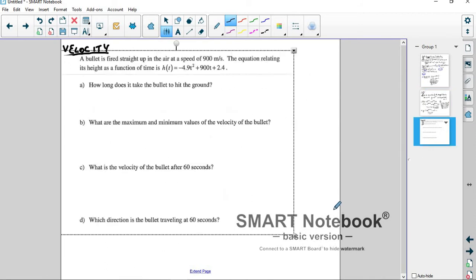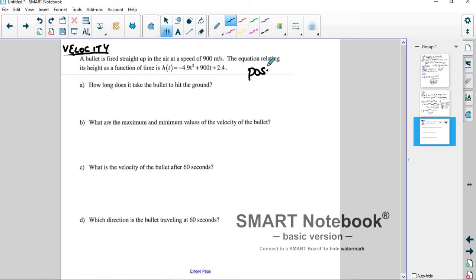The other thing in section 3.6 is talking about velocity, and so I need to give you a little bit of background here about velocity. Position is often represented by s of t, or if it's height, which is a position, then it's h of t, and both of those represent where you are. That's a position you're in.